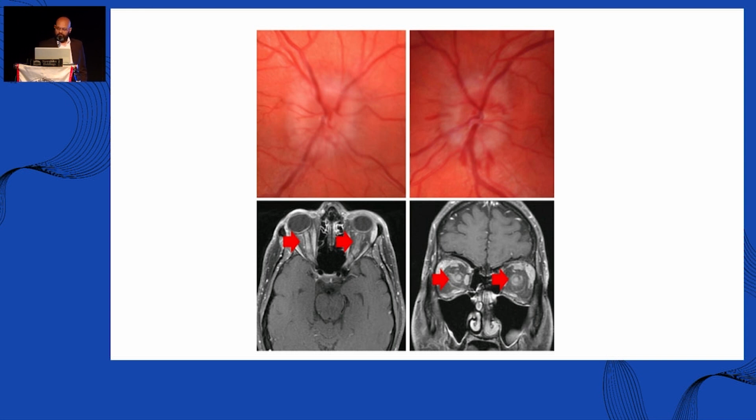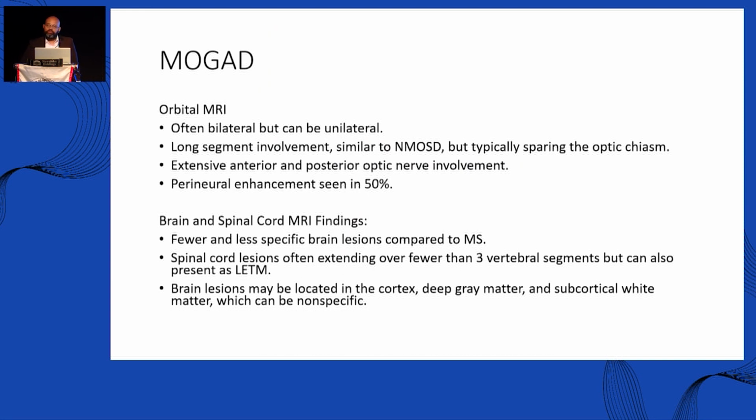MOG. So again, it's bilateral rather than unilateral. It's generally the anterior part. Compared to NMOSD, NMOSD basically affects the posterior aspect of the optic nerve, including the chiasm, whereas MOG antibody-related demyelinating disease affects the anterior portion.